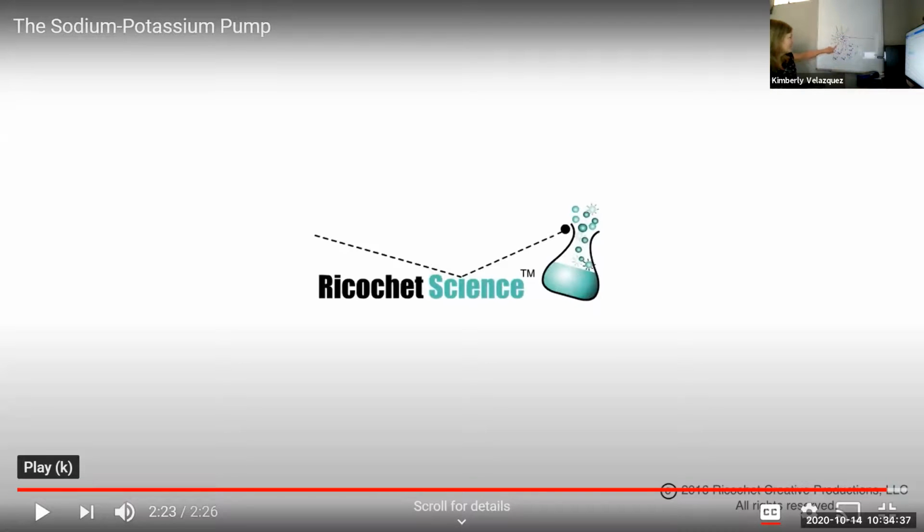This is a difference in electrical charge across the membrane. And that's going to be really significant when you start learning about how nerves conduct an electrical signal, how that action potential happens, how resting potential happens. So the sodium potassium pump plays a very important role in that. And this charge across the membrane, we call that membrane potential.